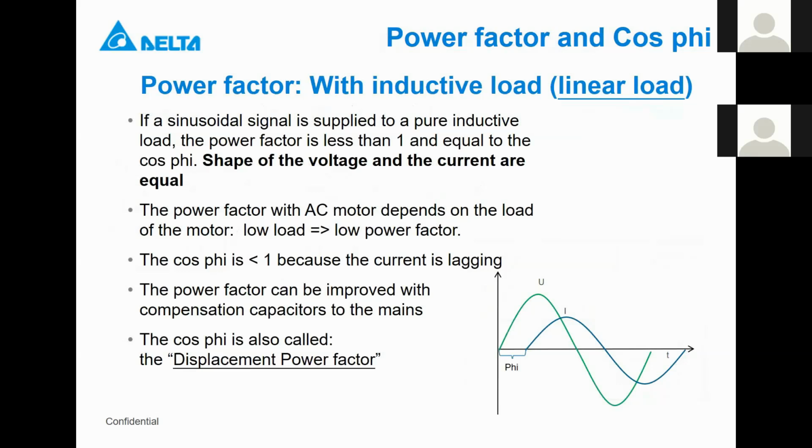This displacement is called phi. In this case, the power factor is still equal to cosinus phi, but they are smaller than 1 because they are not in phase. The angle has influence on the power, the real power.